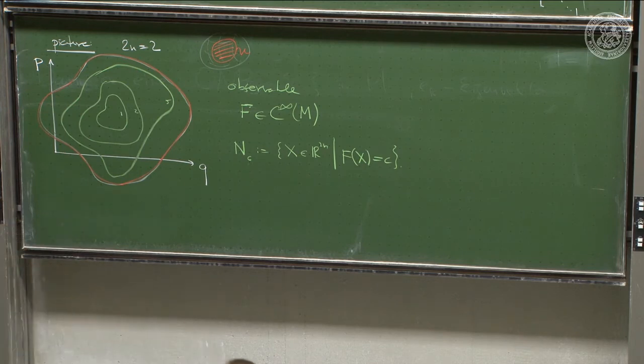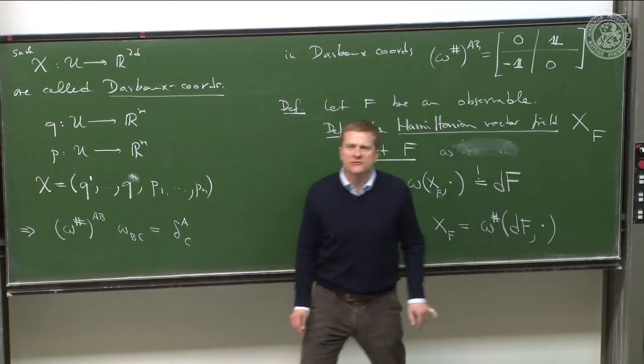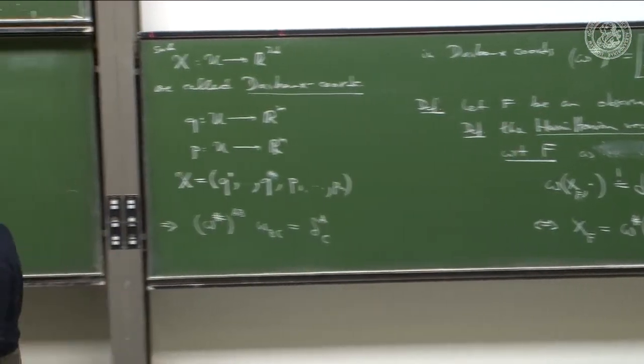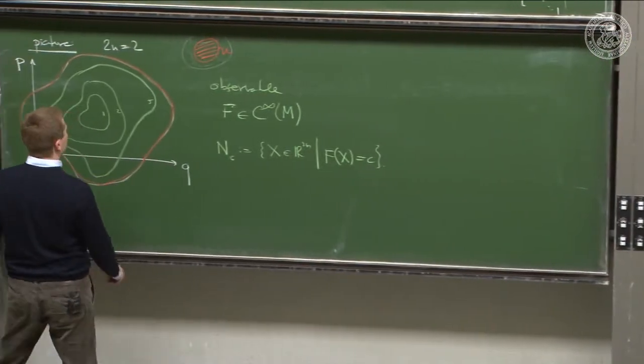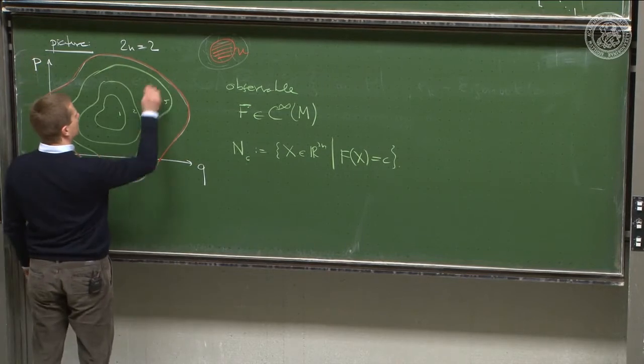Now, let's construct the Hamiltonian vector field that corresponds to an observable with such a level set. So here, obviously, what we need to do is calculate the exterior derivative of the function. But the exterior derivative of a function is simply the gradient, right? It's a partial derivative in all the directions.